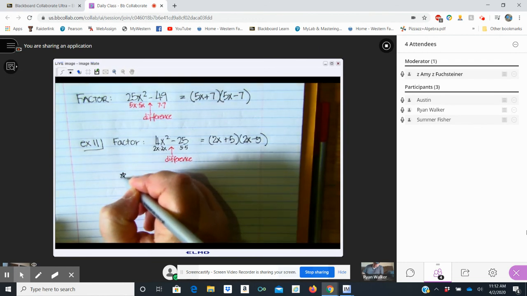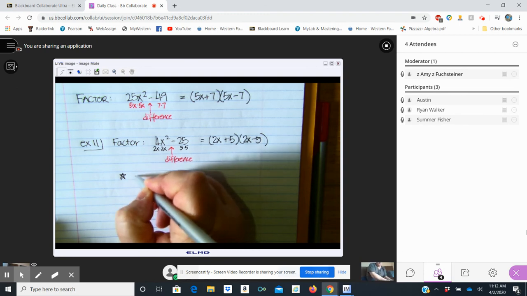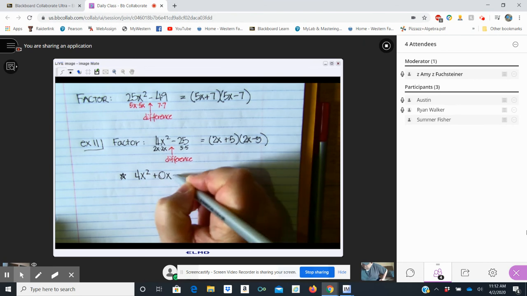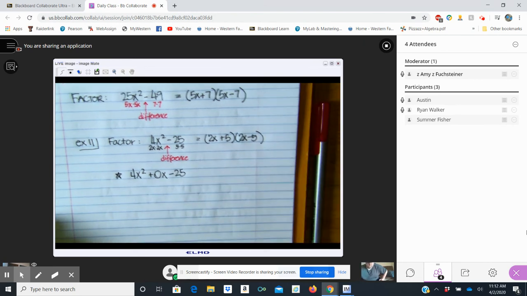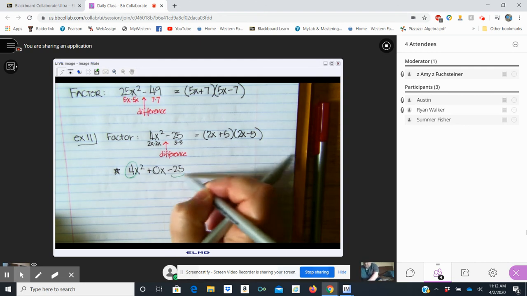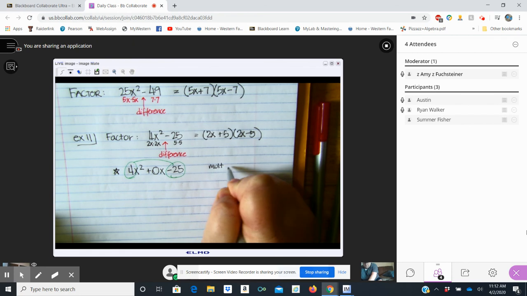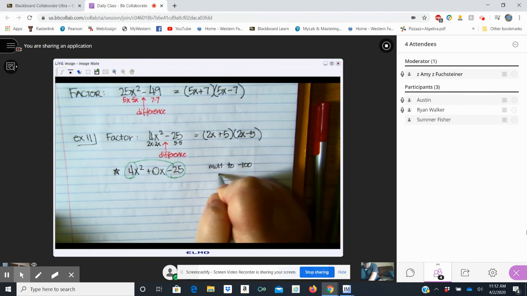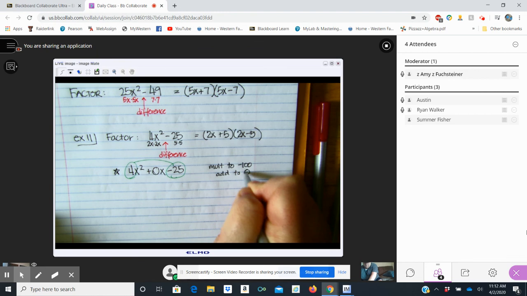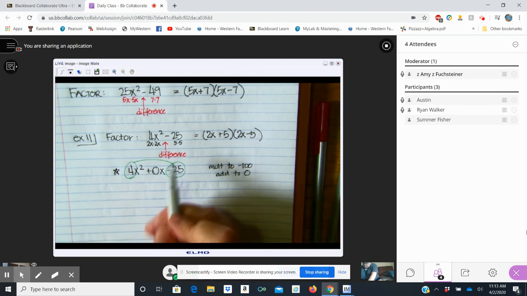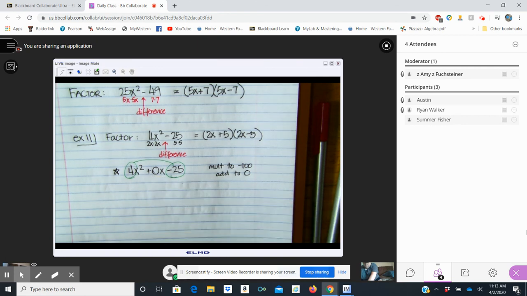It's worth mentioning that if we rewrite this as 4x squared plus 0x minus 25, I can use that AC method and say, okay, let's multiply to a negative 100 and add to 0, because I don't have an x term, I can do that as 0x.